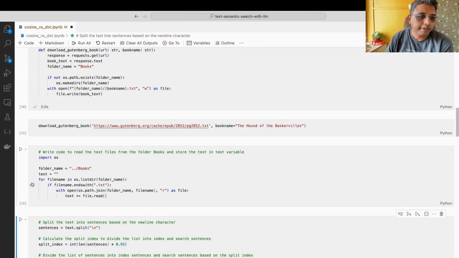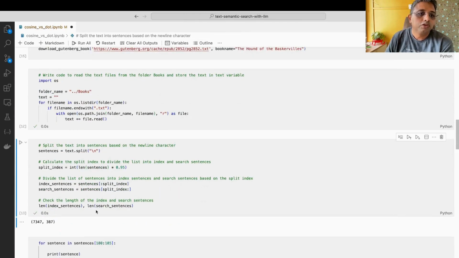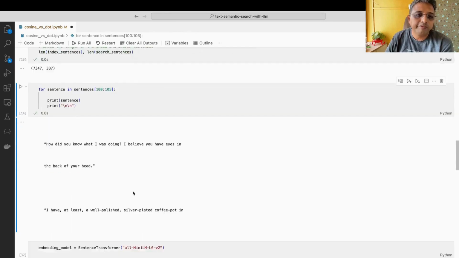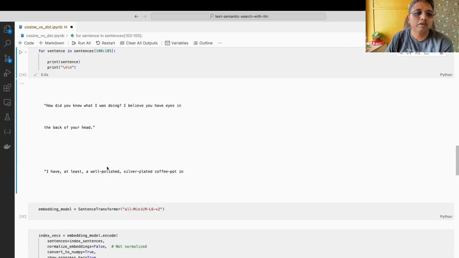Just a minute, I forgot to initialize the variable. So the book has been loaded in the text variable, and briefly I am printing some sentences here. These are some sentences from the book.